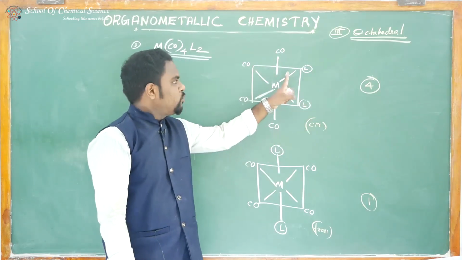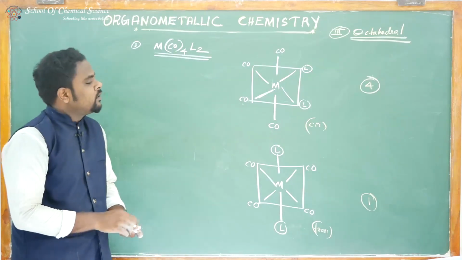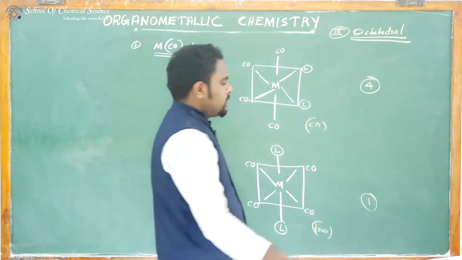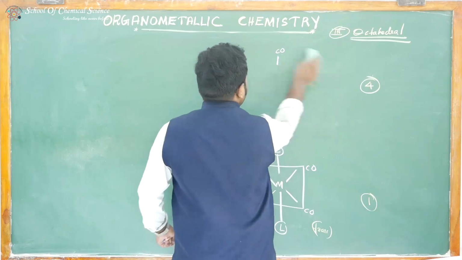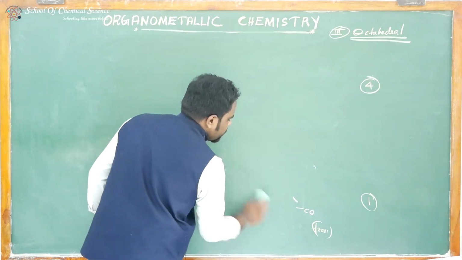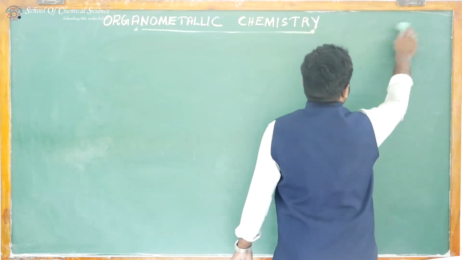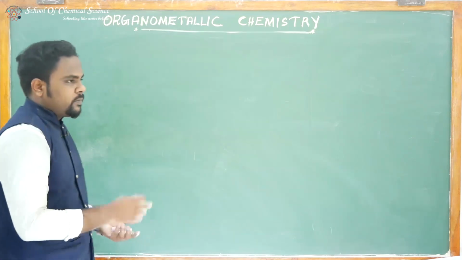In cis treated as 2 bends, and trans square plane is symmetrical, so only one IR band. Okay, then the fourth case. You can memorize this number of IR bands with some logic.